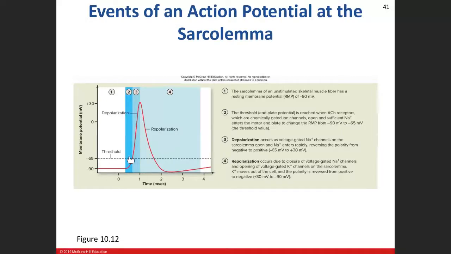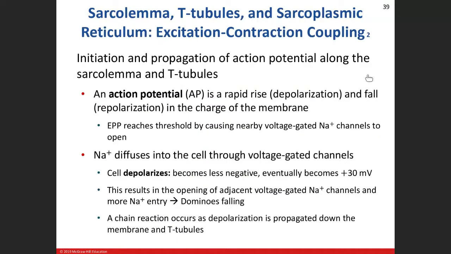Here's one of those graphs again. We get depolarization of the cell. It shoots up here to that positive 30. We saw that in the neuron. When the voltage-gated sodium ion channels open up, they depolarize the cell and it goes from a negative value on the inside to a positive value.